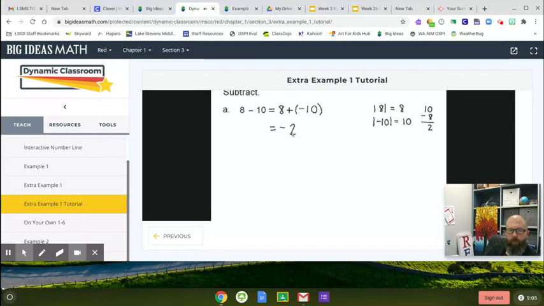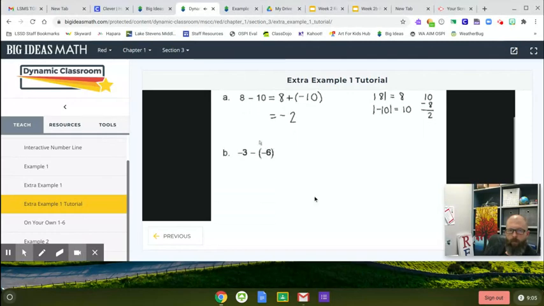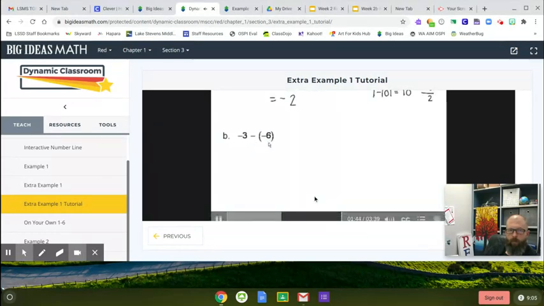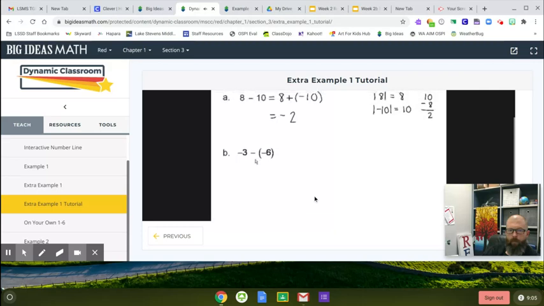Negative 3 minus a negative 6. So we are subtracting two negative numbers. Again, we can rewrite this as adding the opposite. So we have negative 3, then we add the opposite of negative 6, which is positive 6. So we have negative 3 plus 6. Now we're adding two integers with different signs.